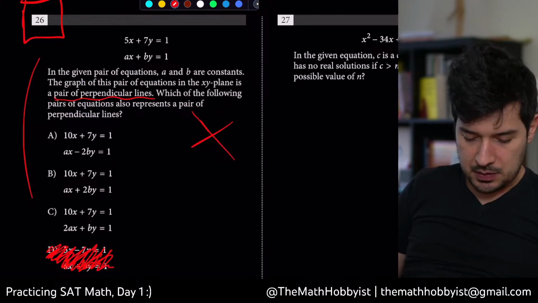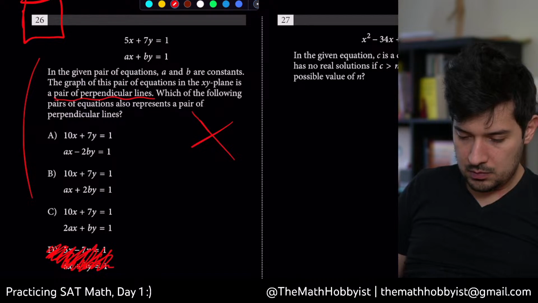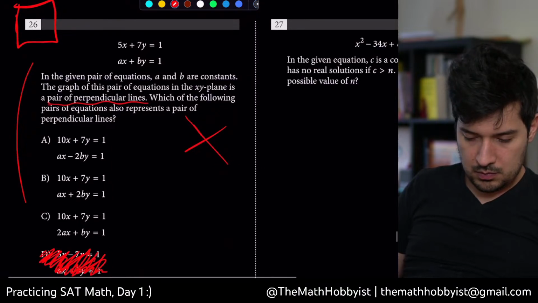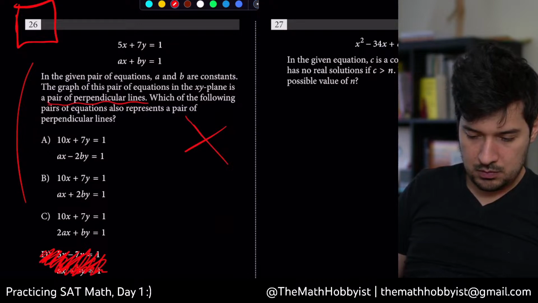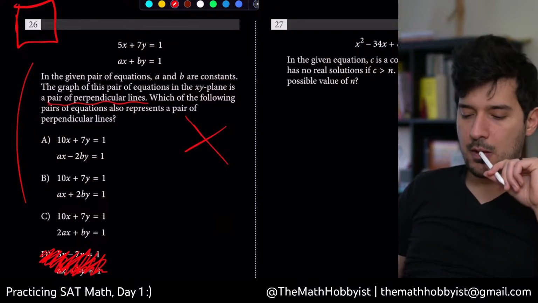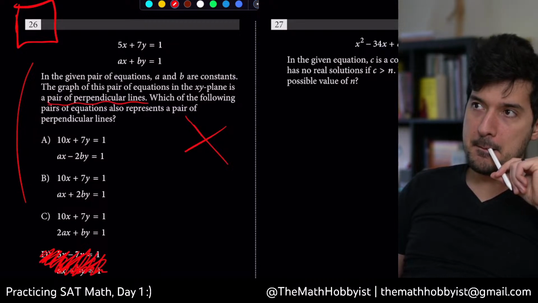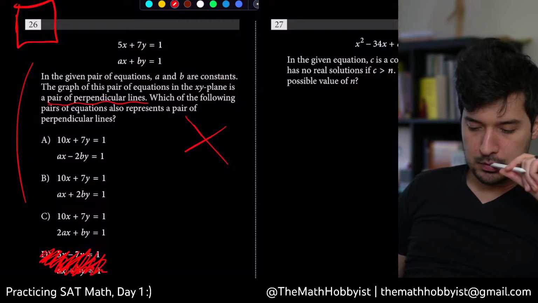So D is out. Now, how do you solve this one, y'all?